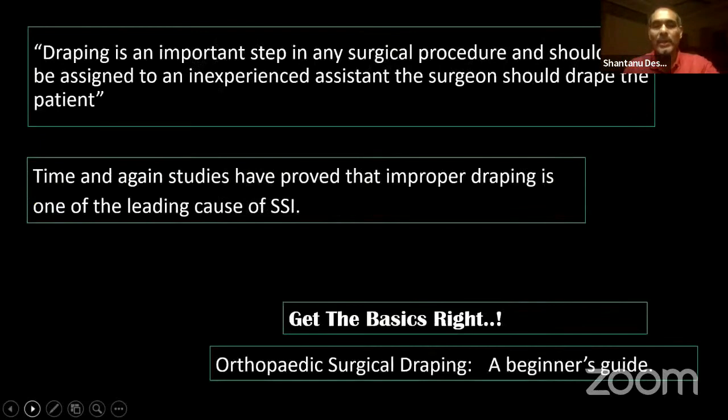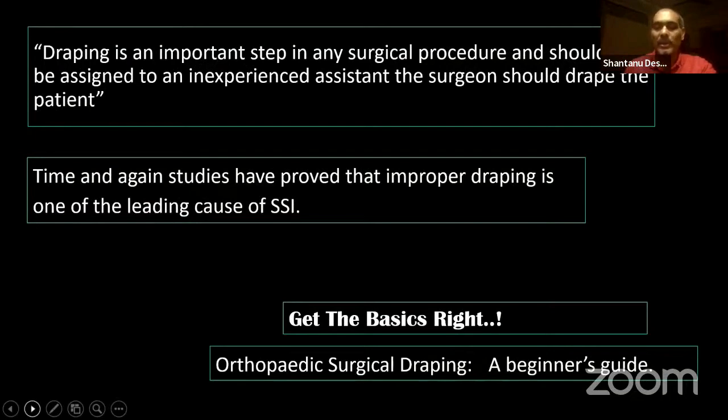Thank you, sir. So, as aptly described by sir, the thinking behind this book, we have used very commonly performed surgeries in general orthopedic practice, and we are trying to use them to make sure that our draping is done properly.